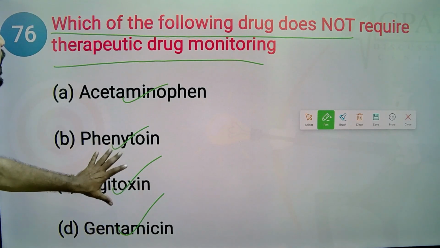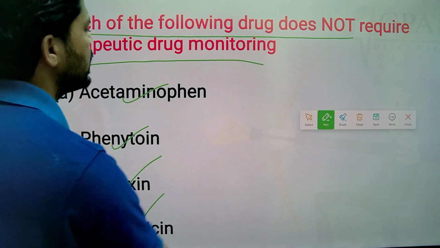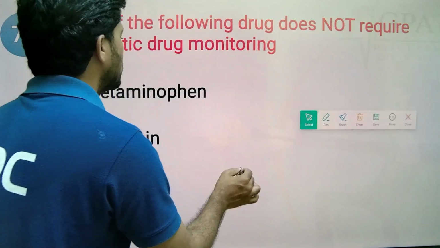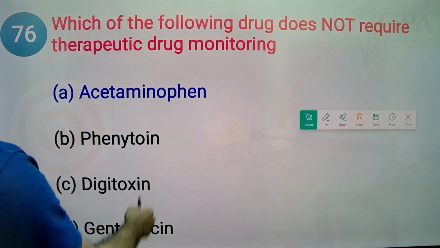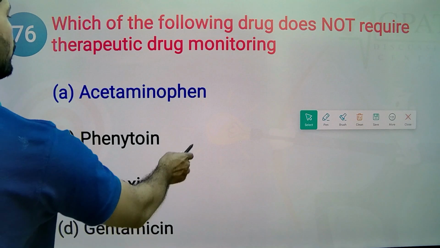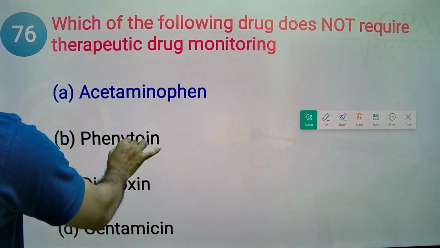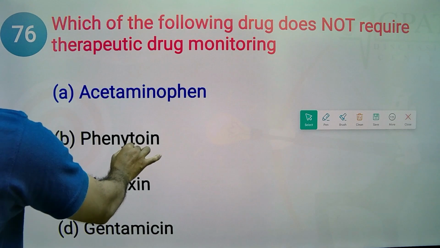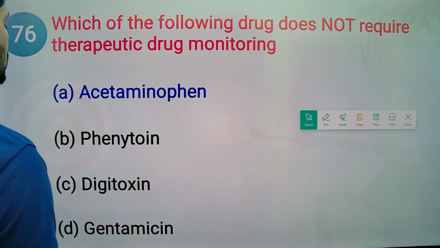These are major drugs used in major applications, whereas acetaminophen is a small drug. So among these, there is no requirement of therapeutic drug monitoring for acetaminophen. The remaining all require it. If the doses of the remaining drugs increase, they produce adverse effects.